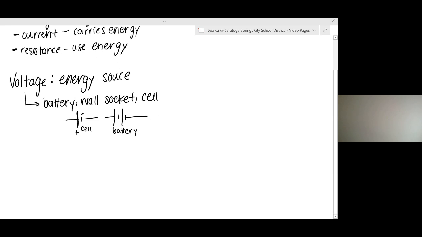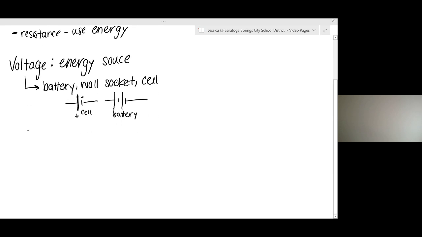So like I said, voltage is the energy source, but we can actually define it as the amount of energy per charge. That's how we can think about it: what each charge is actually carrying.